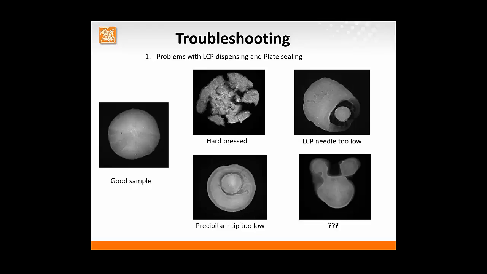So in all of these cases, this irregularity in the shape should be noted, and the reason is that the diffusion of the conditions in the lipidic phase depends, especially in the beginning, in the first few hours when the equilibration happens, on the shape of the lipidic cubic phase balls.